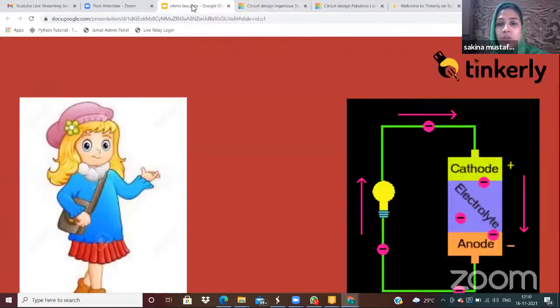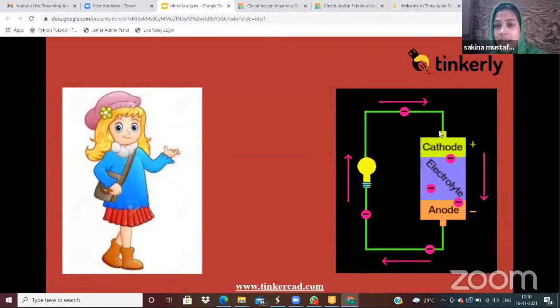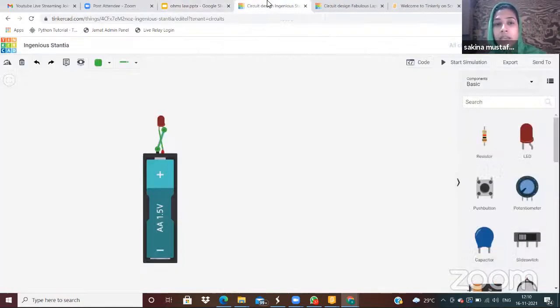So this was all about Ohm's law. You can see this is the cathode. Okay, and the current flows from the cathode to the anode, and that's where the bulb is able to glow. So this is how we have seen right now also, that from the cathode, the bulb will glow.